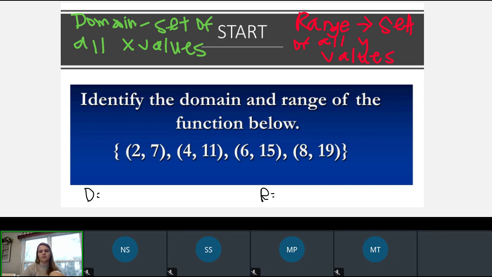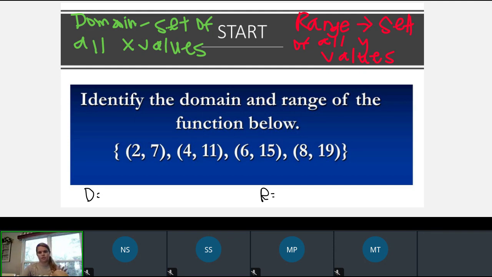I have 2 ways that might help you remember which is which. The first way is just if you think about the order of the alphabet, X and Y. X obviously comes before Y. And in the words domain and range, D comes before R. So you can think, which comes first, X or Y?